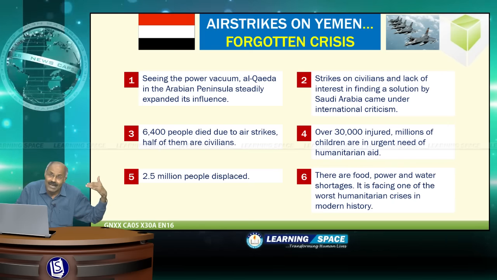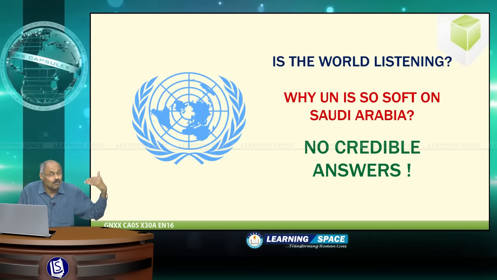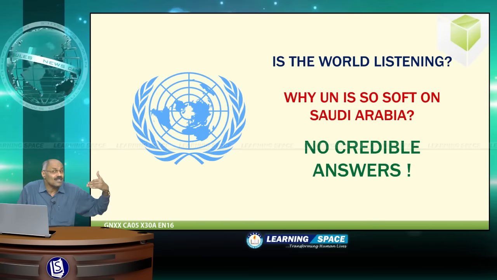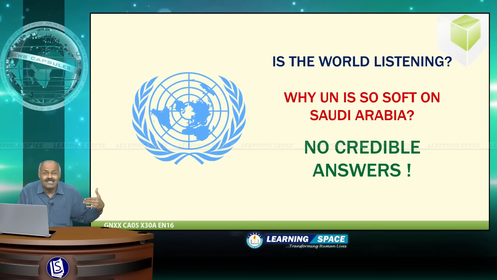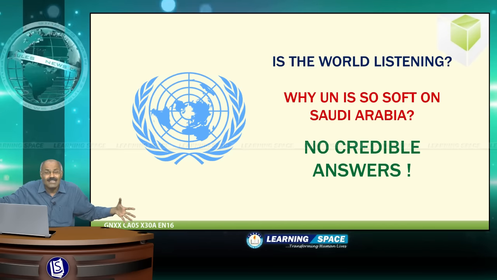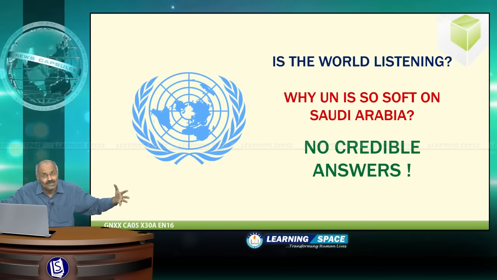And Yemen is facing one of the worst humanitarian crises in modern history. And the unfortunate aspect is that the United Nations is silent and there is not much breakthrough, and the United Nations is also soft on Saudi Arabia because Saudi Arabia's airstrikes resulted in the death of several civilians. It is time to introspect and to find credible answers.